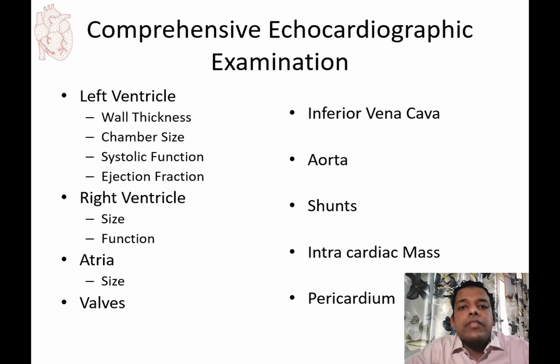This involves assessment of all of the following: the left ventricle, including its wall thickness, chamber size, systolic function, ejection fraction; the right ventricle, its size and function; the atria, their sizes; the valves; the inferior vena cava; the aorta; shunts if any; intracardiac masses if any; and the pericardium.